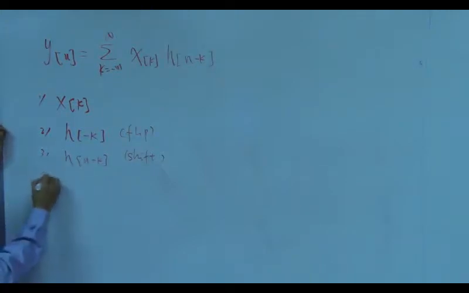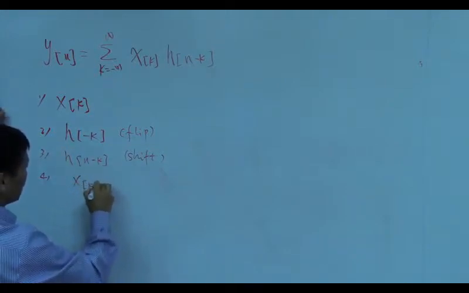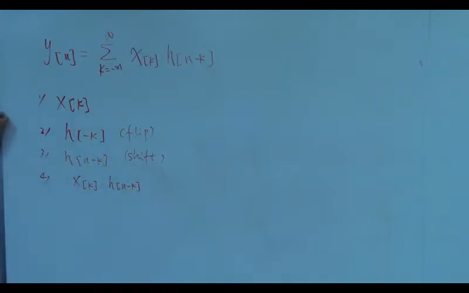The next one, look at the formula. We need to calculate x[k] times h[n minus k]. We find the product for each k.